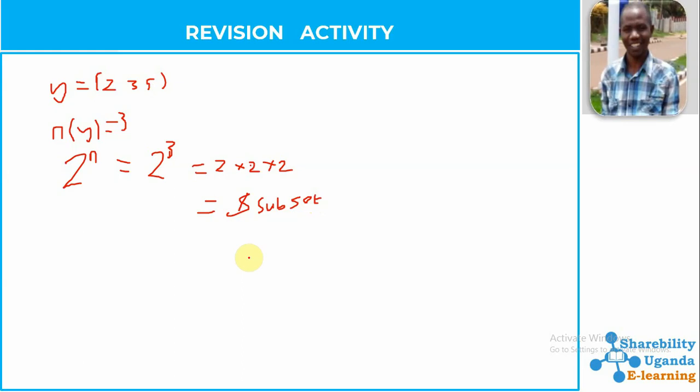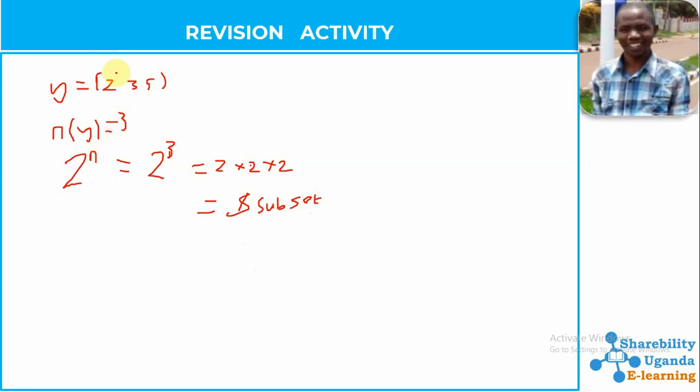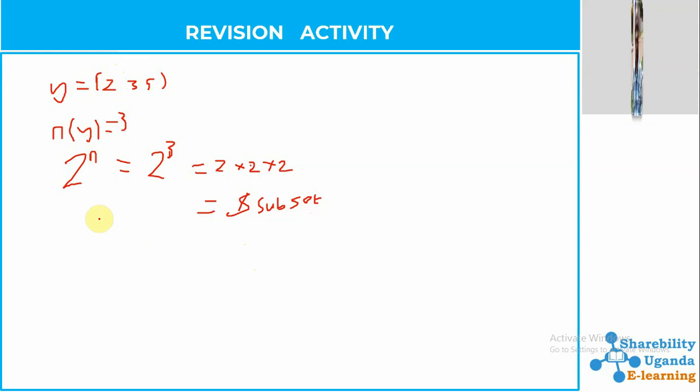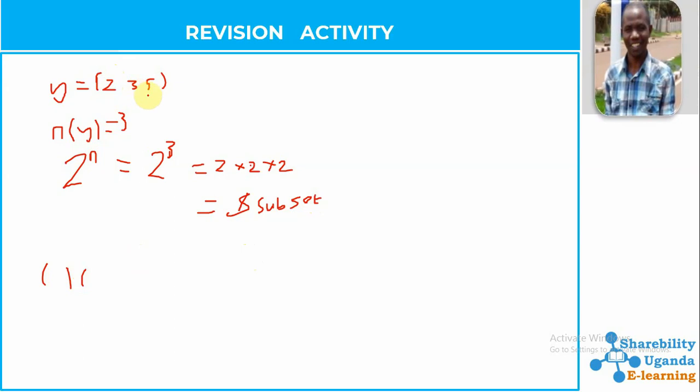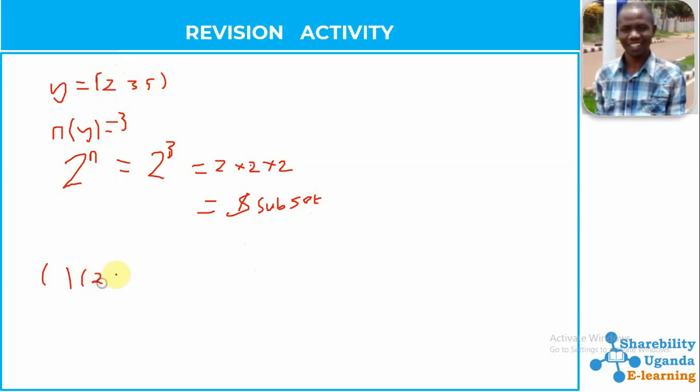Now let's prove whether we can get 8 subsets if we are given our y equal to this. So for us to form the subsets, number 1, we form an empty set. Then after forming an empty set, we get our first element, our second element, all to be independent sets.